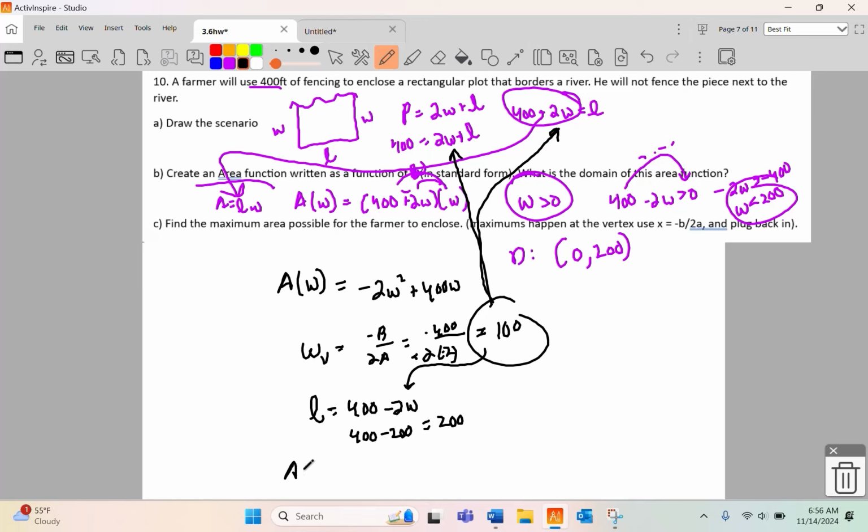So the max area possible is going to be 100 times 200. You can go old school on this if you want. 1 times 2 is 2, and there's 1, 2, 3, 4 zeros. 2,000 square foot. There you go. Or is it 20,000?